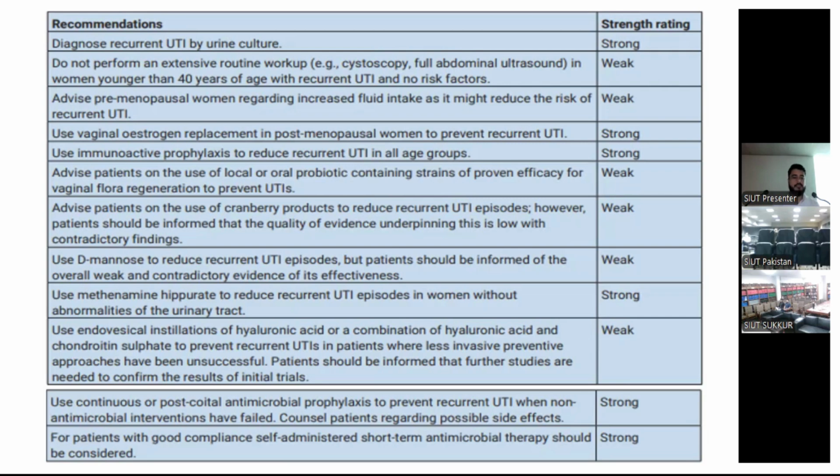And in the last, use endovesical instillations of hyaluronic acid or a combination of hyaluronic acid and chondroitin sulfate to prevent recurrent UTIs in patients where less invasive preventive approaches have been unsuccessful. Any idea about hyaluronic acid and chondroitin sulfate? Have you heard? Interstitial cystitis, chronic bladder pain syndrome?